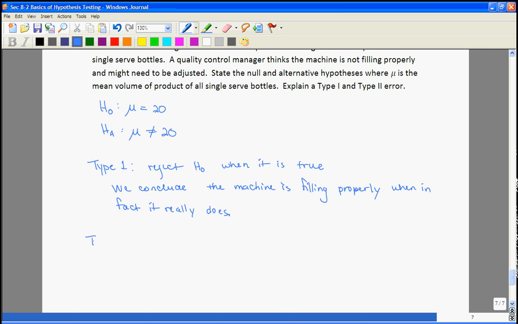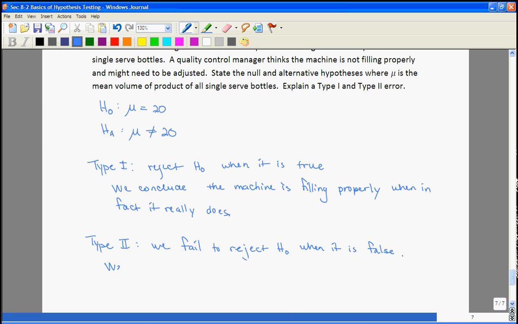Type 2, we do not reject H naught, or fail to reject is a better way to say it, when it is false.